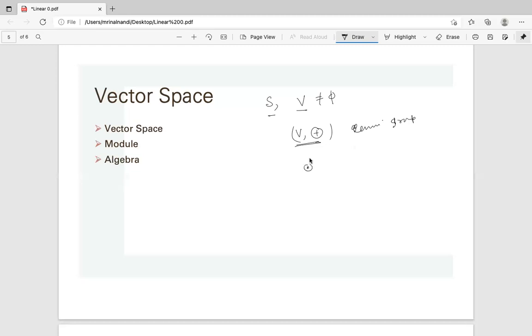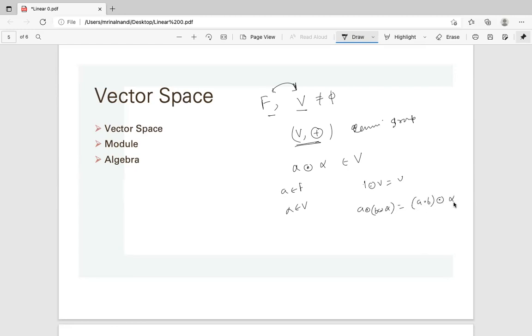And we need something that interrelates S and V. S is one structure, V is another structure, but we need an interaction between S and V. That is called external multiplication, or scalar multiplication. An element of V is called a vector, and an element of S, the field F, is called a scalar, and there is a scalar multiplication. So if a is a scalar in the field and alpha is an element in V, then a times alpha is in V, with some properties, including some sort of associativity.